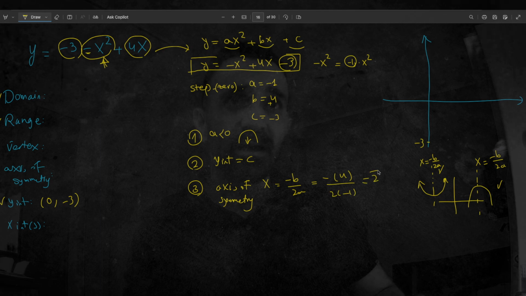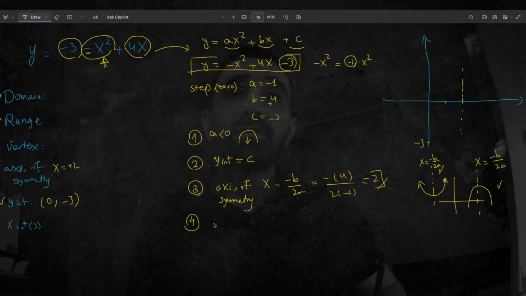Minus 4 divided by minus 2 gives you 2. Okay, so axis of symmetry is minus 2, or 2, pardon me. So this is point 1, this is point 2. So this is your axis of symmetry.